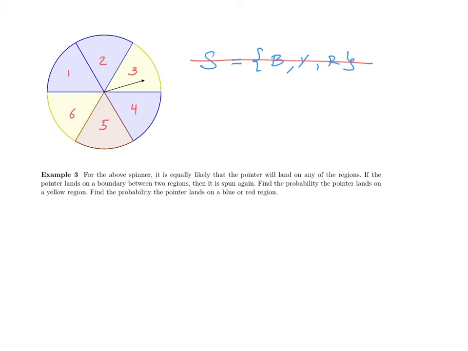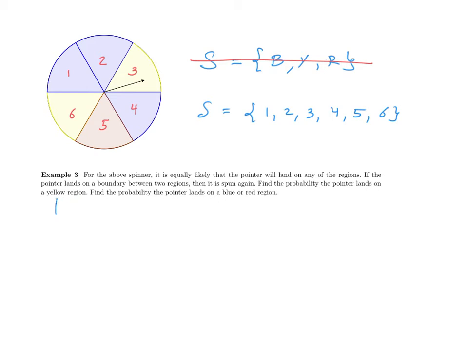Now your sample space would be: we land on the 1st, 2nd, 3rd, 4th, 5th, or 6th region. This is just to make it a little more precise so it matches up with our intuition. That first probability again was to find the probability that the pointer lands on a yellow region.